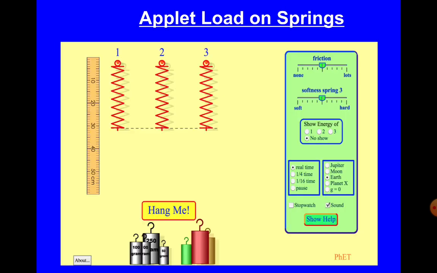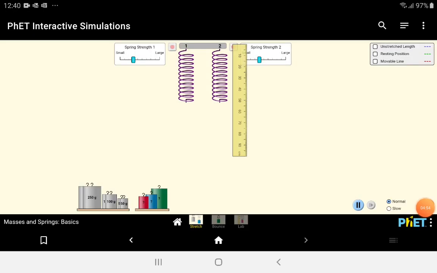Okay, and let's have a small look at our applet, load on the springs. Let's look a little bit at Hooke's law, the spring, when we add some masses.